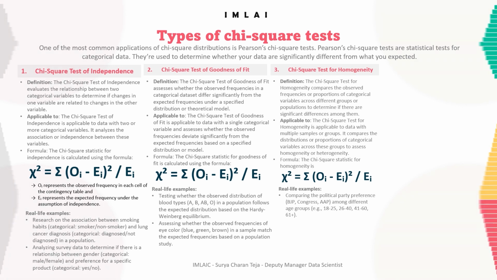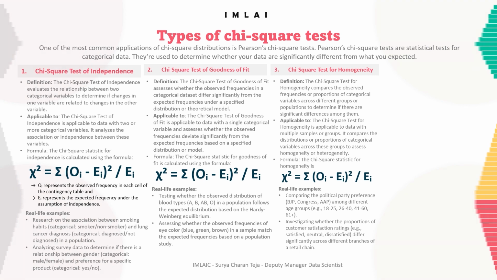The second one is analyzing the distribution of hair color, blonde, brunette, redhead, across different ethnicities, for example Caucasian, African American, Asian. And the third one is investigating whether the proportions of customer satisfaction ratings, for example satisfied, neutral, dissatisfied, differ significantly across different branches of a retail chain.